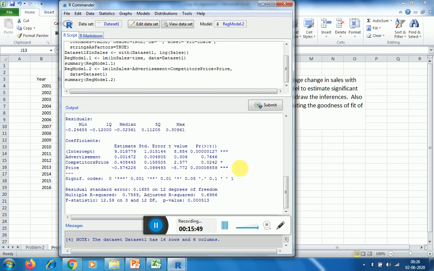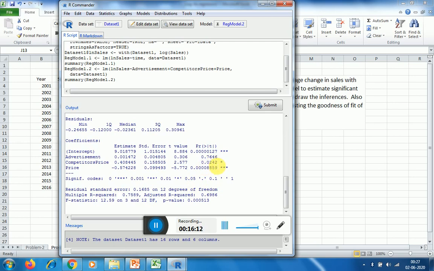Now here you can see that intercept is significant, advertisement expenditure is not significant, but competitors' price is significant at 5% level of significance, because here 1 star is shown, so 1 star corresponds to 0.05, or you can see the value of probability.